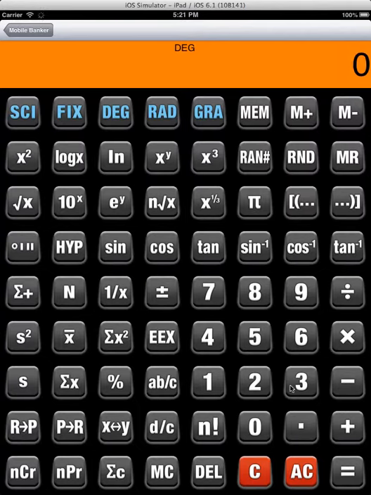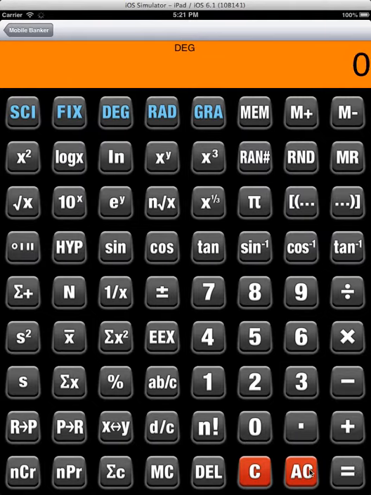Okay, so rectangular to polar, so 12, 5, and then 12, 5. That's what rectangular to polar is.